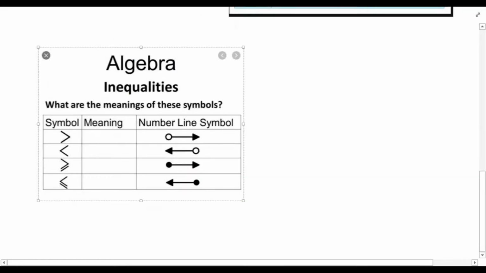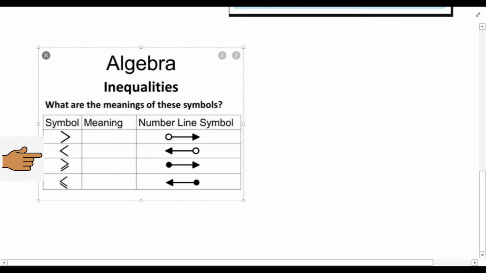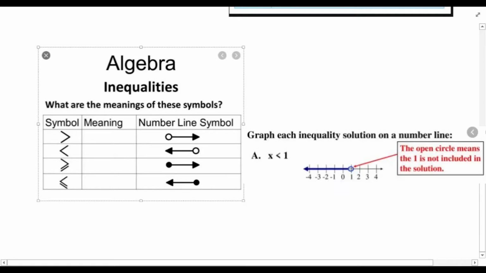So this one, the symbol is greater than. On the number line, meaning from the given value, that value is not included. It will increase infinitely to the right. And then is less than, so the given value is not included. From that value, the values will decrease infinitely to the left.